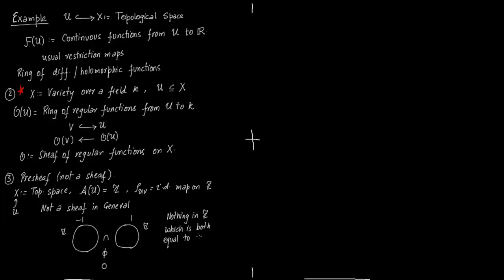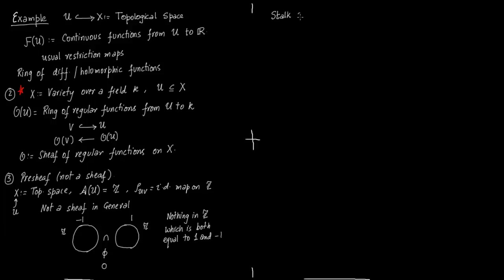We will resolve this problem later on using sheafification, and we can fix it in two ways, by either saying that the space should be connected, or by taking something like Z plus Z. The process to fix this is called sheafification, and we will cover that later.